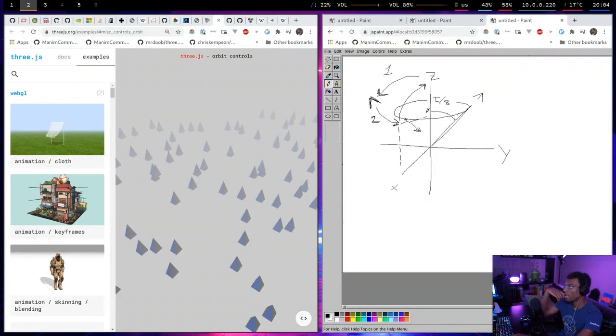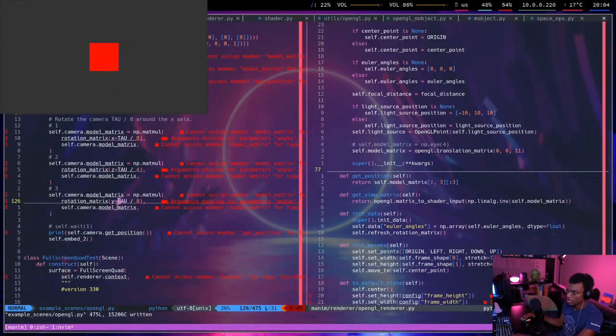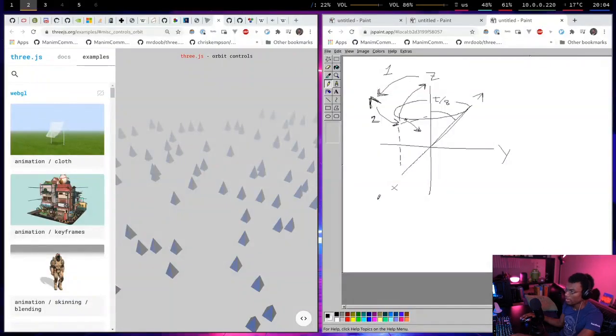Why? Isn't that this coordinate system is right-handed? X cross Y gives you Z. From this location, when I rotate around the Y-axis, it should move down.